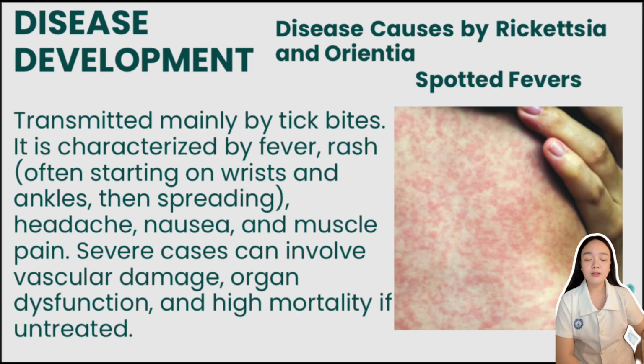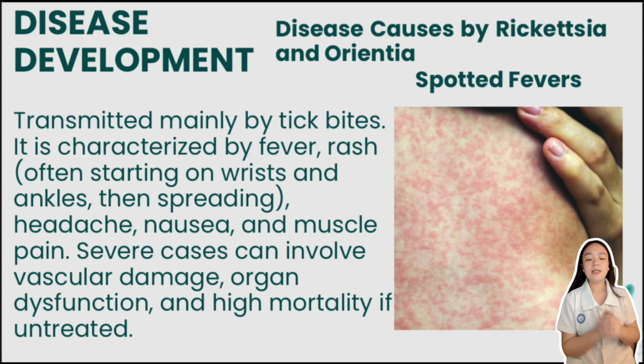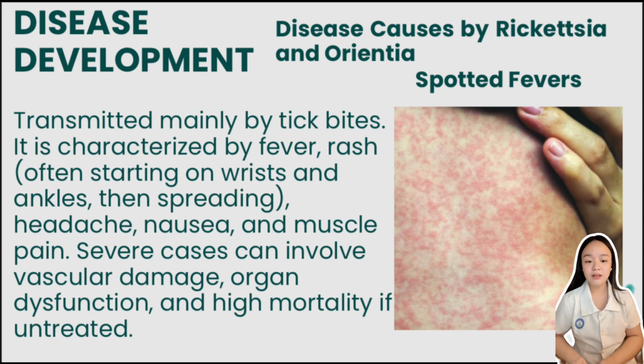Next is spotted fever. This is transmitted by tick bites. It is characterized by fever, rash, often starting on wrist and ankles, then spreading. Headaches, nausea, and muscle pain are other symptoms. In severe cases, vascular damage, organ dysfunction, and high mortality if untreated. So itong si spotted fever, that is also caused by the bacteria Rickettsiaceae, is transmitted by tick bites.